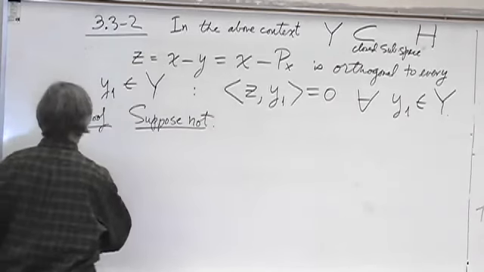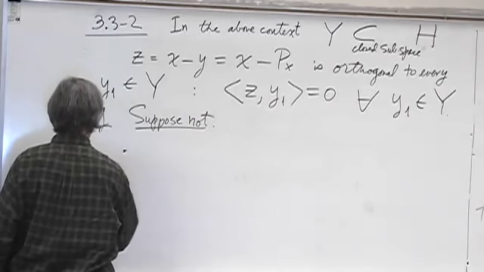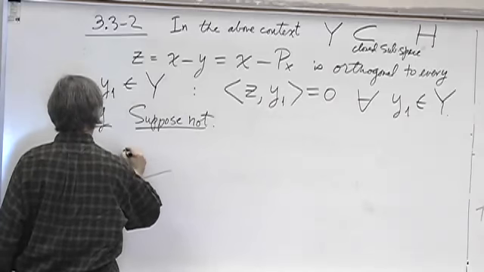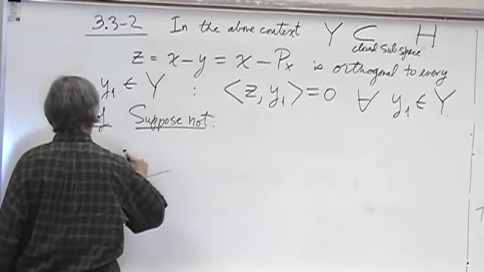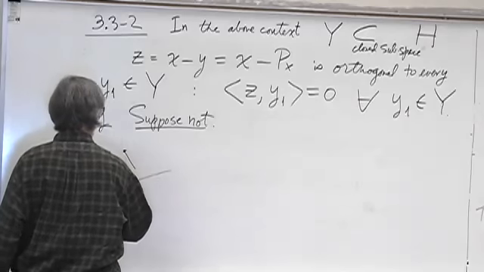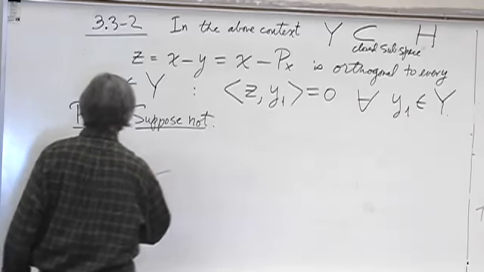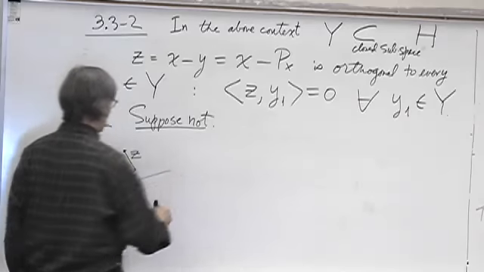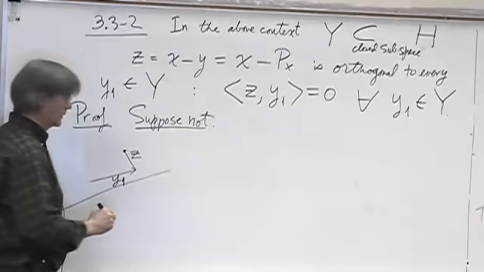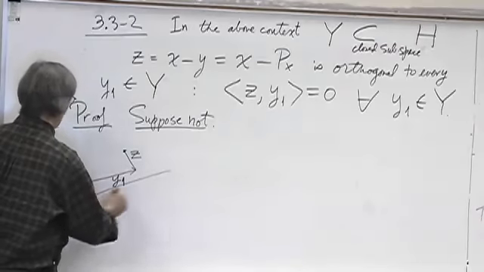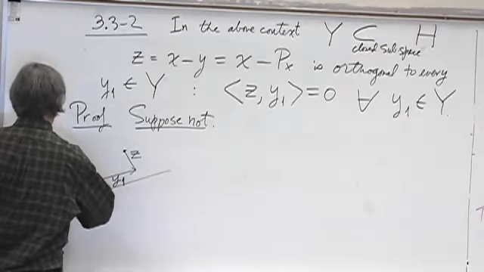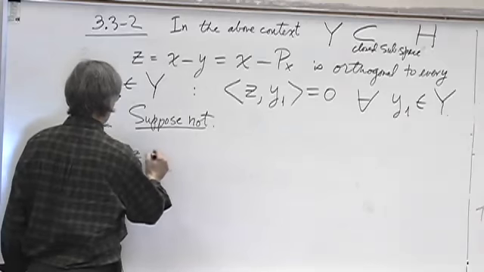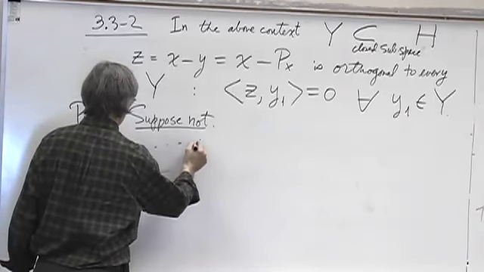So then you've got this vector z that is somehow not perpendicular to some vector in Y. So here's Y. I'm thinking of Y as a plane, that's why I'm drawing it this way.